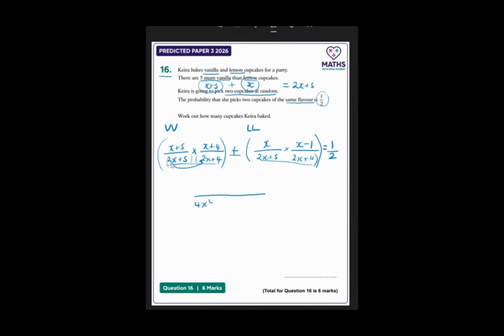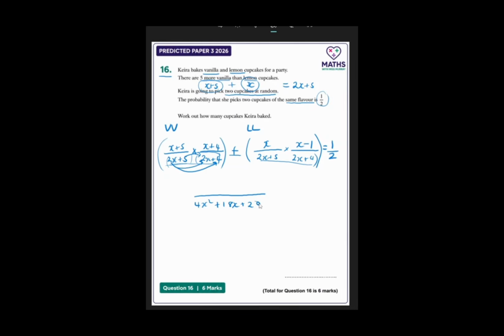Then I've got 2x times 4 is 8x. And then 5 times 2x is 10x. So that's going to give me 18x, and then 5 multiplied by 4 is going to give me 20. So that is my common denominator that I'm going to get when I add them together, because if the denominators are the same when you're adding, then it stays the same. So this and this are the same.